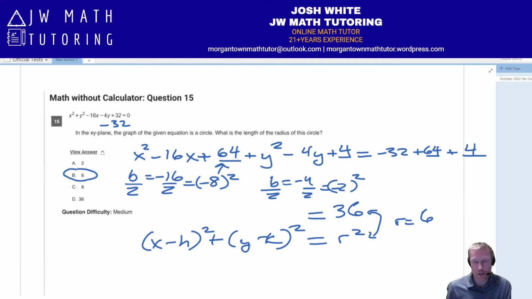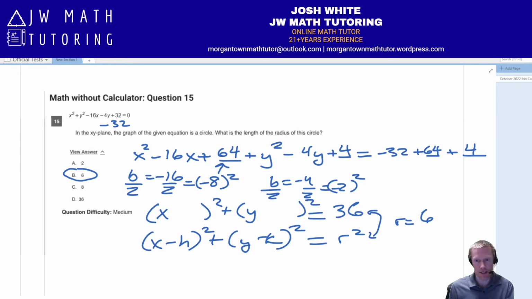Now on the test, this is where you'd move on to the next question because you only have a limited amount of time. But in this video, I'm just going to show you how we would get the final equation in standard form. Basically, you just need to factor the x's and the y's, and they're each going to factor such that it's x and then the b over 2 term after it.